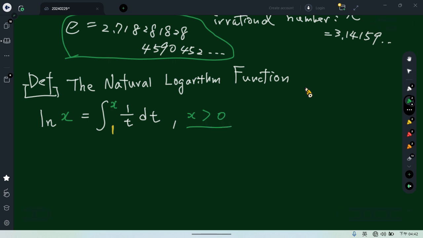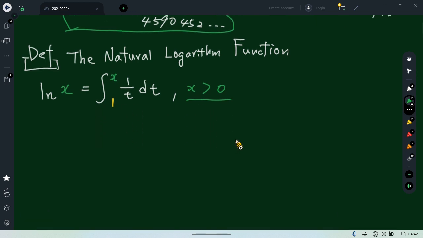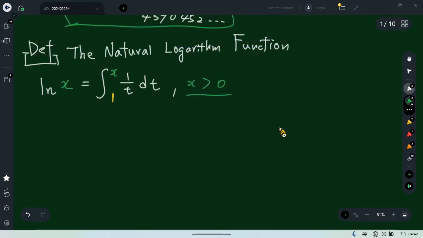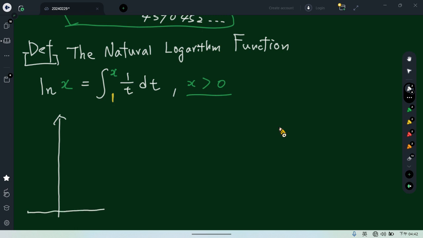That's very important. If you just follow this definition, it's easy to imagine the function value. If the horizontal axis is t, then here is y. Then we face this function, y is equal to 1 over t.